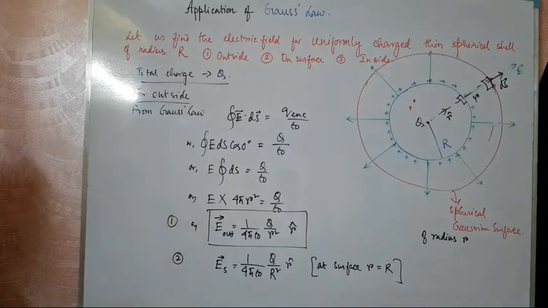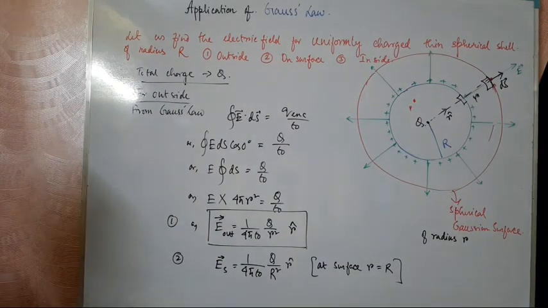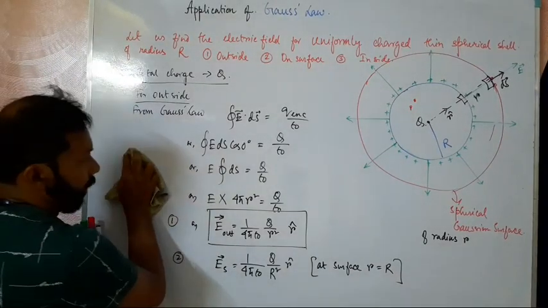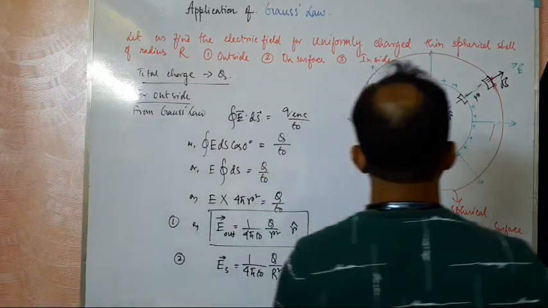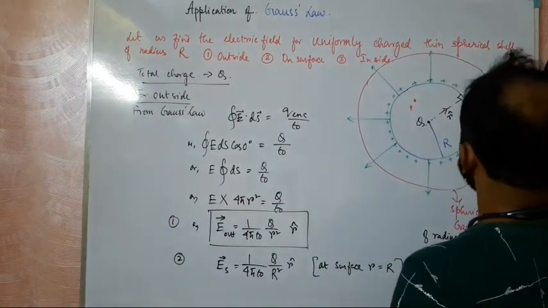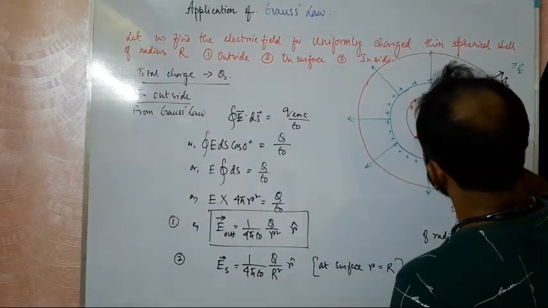Now we have to find the electric field inside the spherical surface. In order to find it, what will we do? We will do the same thing. We will just decrease the radius of the Gaussian surface further.